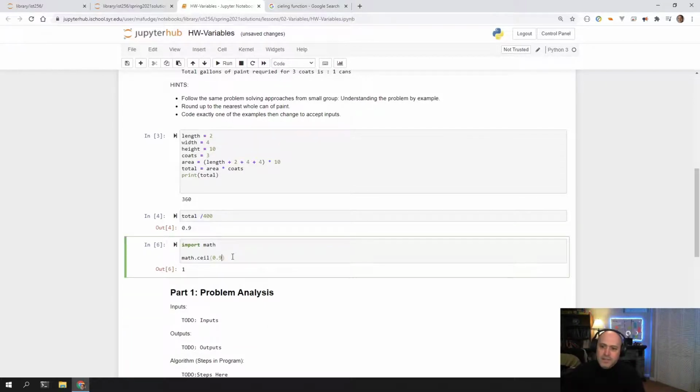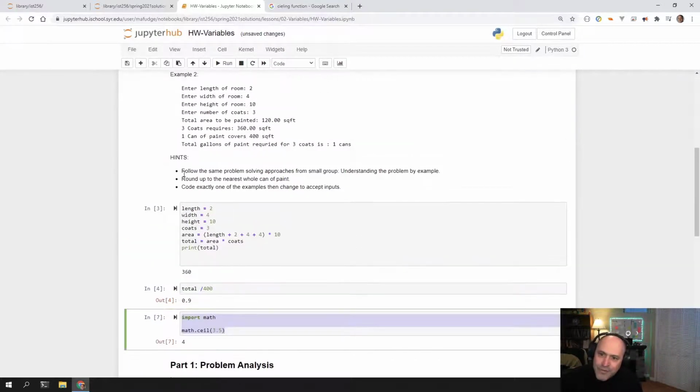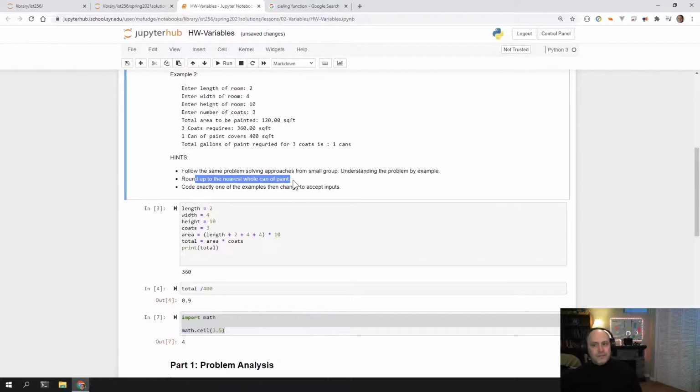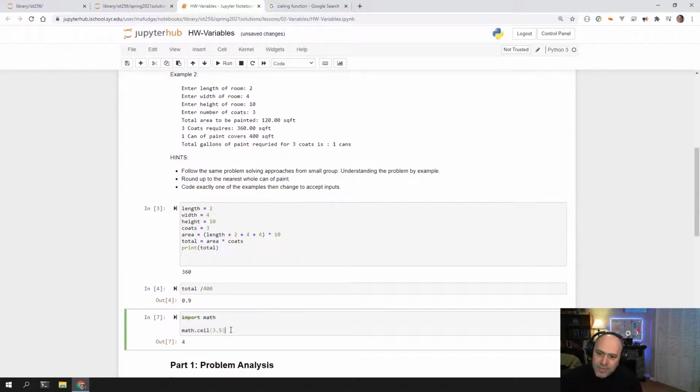Just to show you, let's suppose I need 3.5 cans of paint, it's going to tell me you have to buy 4. So this is the trick that you're going to use to always round up to a whole can of paint. So even if you only need 1/100th of a can of paint, you still need to buy a whole can of paint. So that's why you need this math ceil.